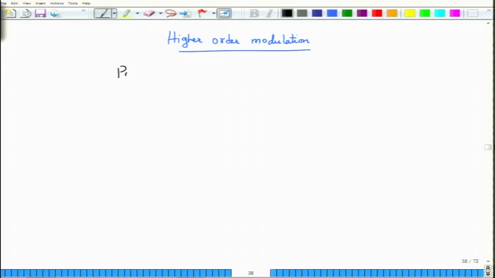However, this type of modulation is a very poor way of utilizing the spectrum. So this is very poor spectrum utilization, which means that the spectral efficiency, that is the way in which we use the allotted spectrum, is not very good, because at most you are going to send 1 bit per symbol, right?